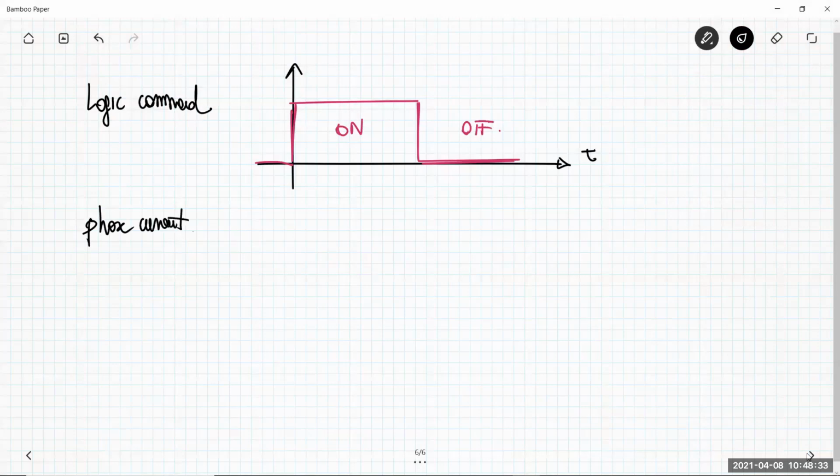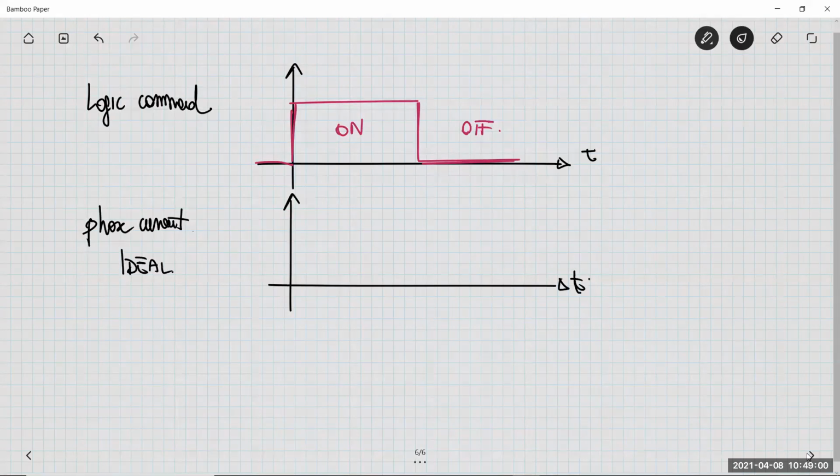The phase current will depend on the driver circuit, because it's the driver that translates this command into the power current flow into the phases required for obtaining the torque I need. At this stage of my explanation, I just want to see what the ideal current is. The ideal current responds very fast to the command.